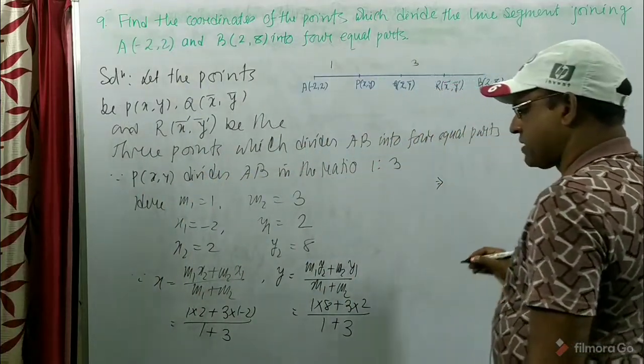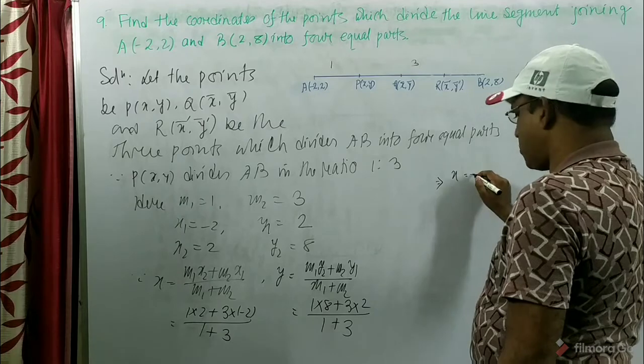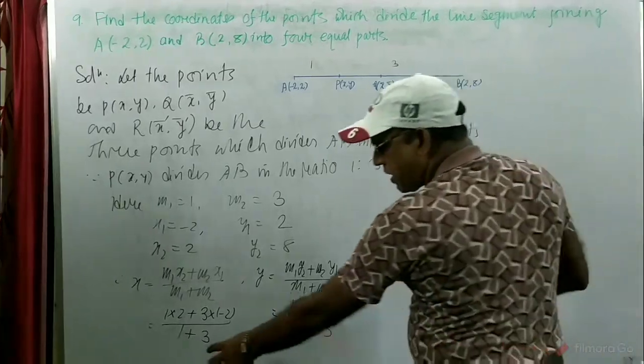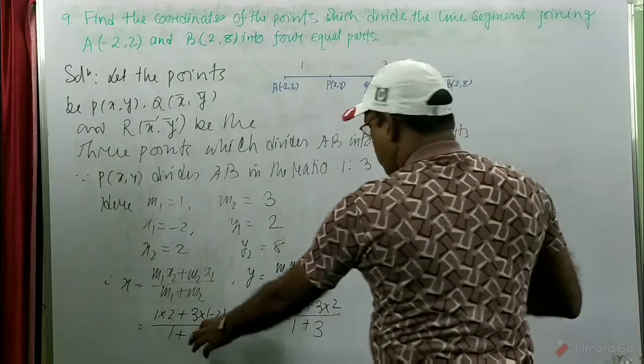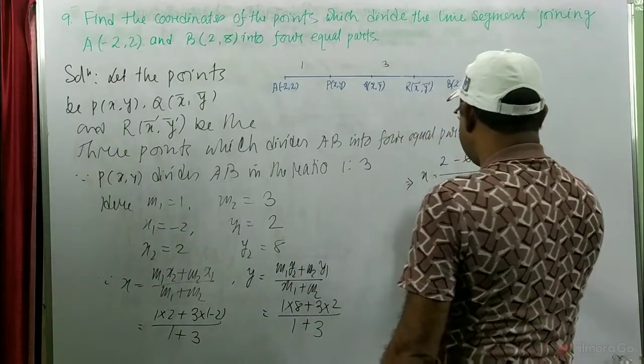This implies x equal to 1 plus 3 is 4 and numerator 2 minus 6.